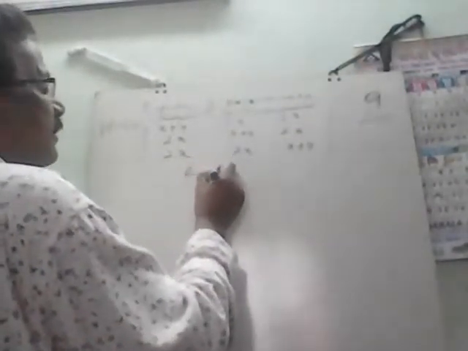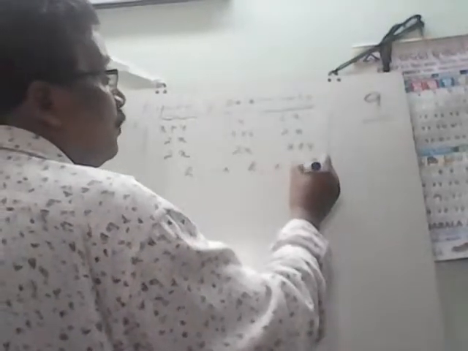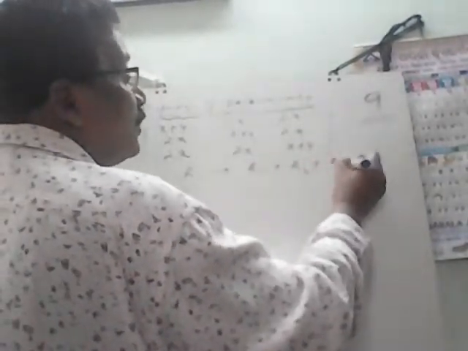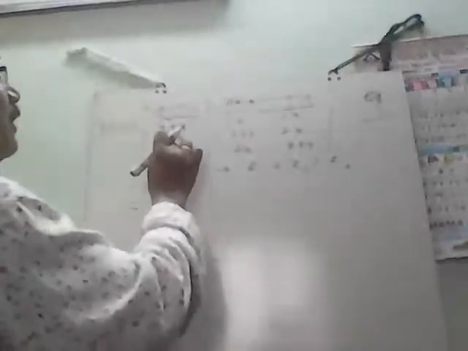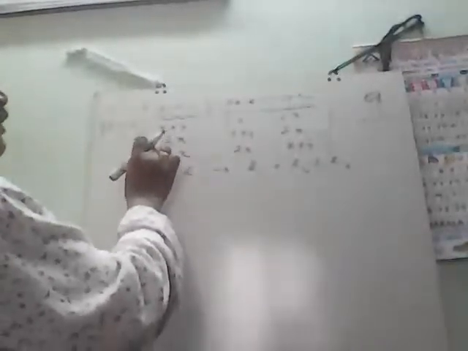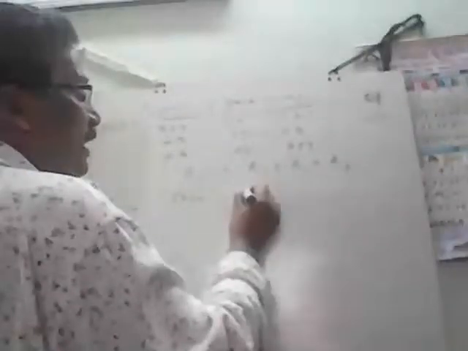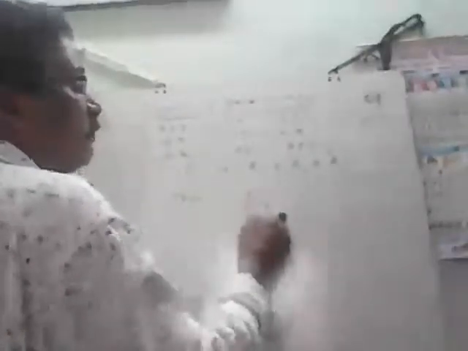First, replace row 1 by row 1 plus row 2 plus row 3. If we add all these, x plus 4 plus 2x plus 2x is 5x plus 4. Same thing in the other columns: 2x plus x plus 4 plus 2x is also 5x plus 4.